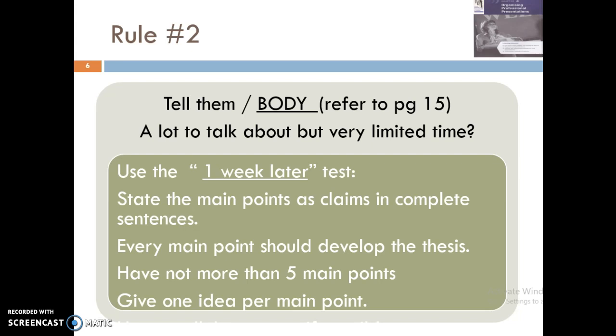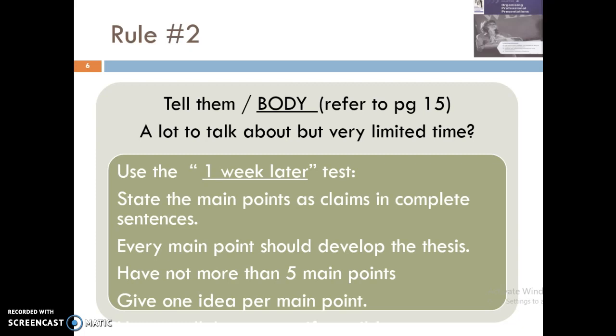For the second rule, which is tell them, refers to the body or the content of your presentation. You see, you have a lot to talk about, but you don't have much time. So think about it carefully on the kind of points that you would like to bring about in your presentation.